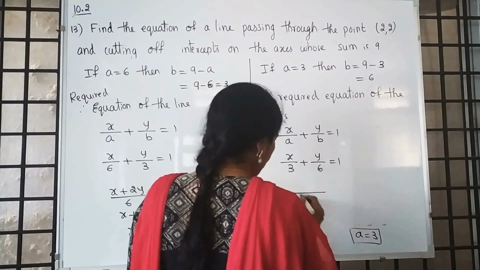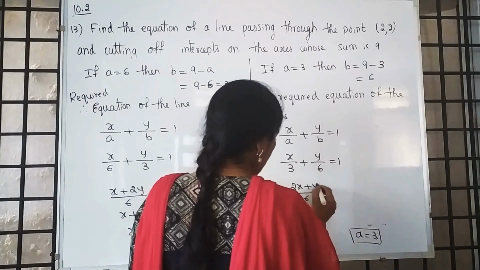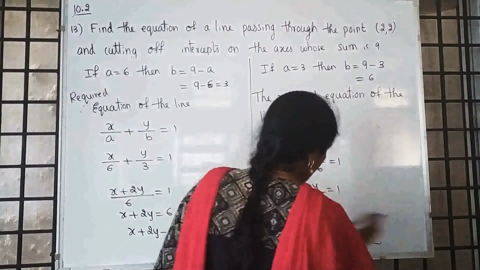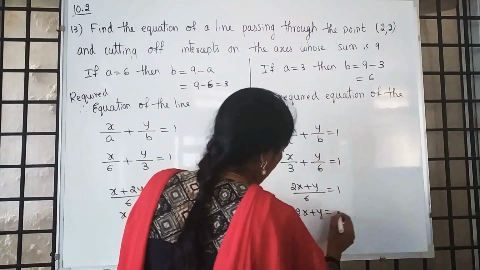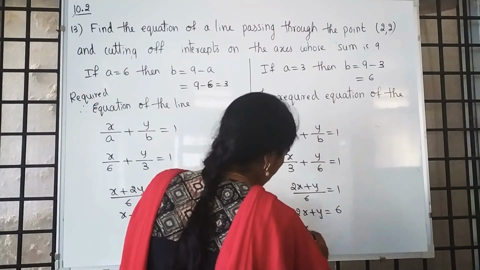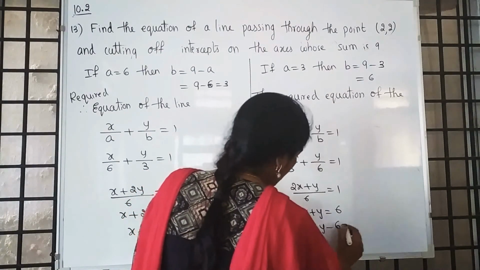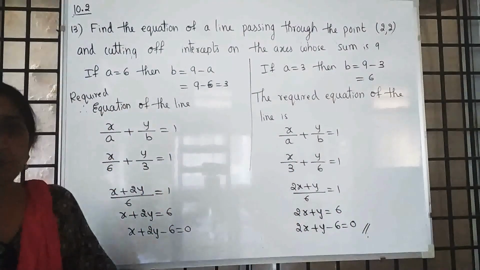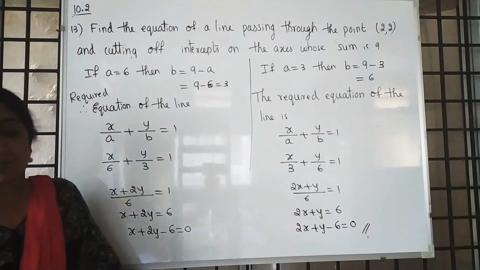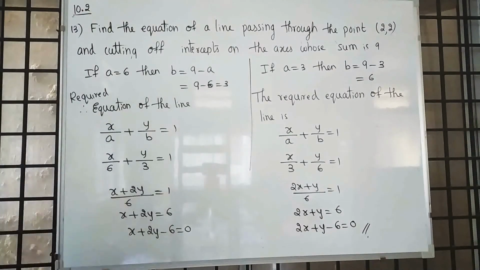Take the LCM. 2x plus y is equal to 1. When you cross multiply, 2x plus y is equal to 6, or 2x plus y minus 6 is equal to 0. See if the sum is simple or what. Now I am moving to the next question, that is question number 14.